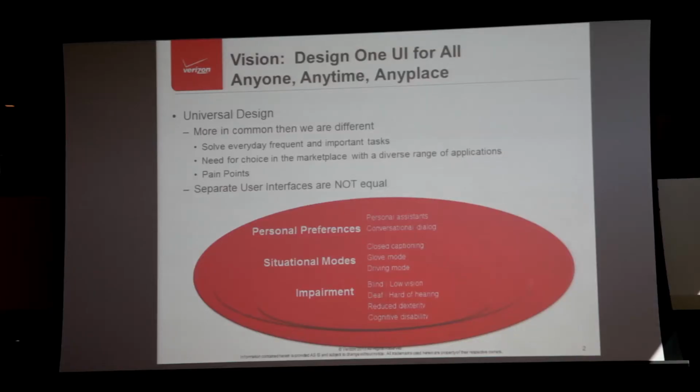Okay, so typically people think of permanent impairments. That is, someone's blind, they can never see, they can't hear, and that's all the time, 24/7. But the truth is, we all experience impairments sometime in our lives, temporarily, situationally.